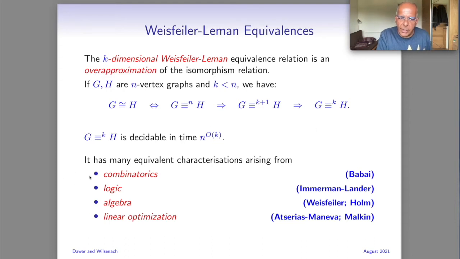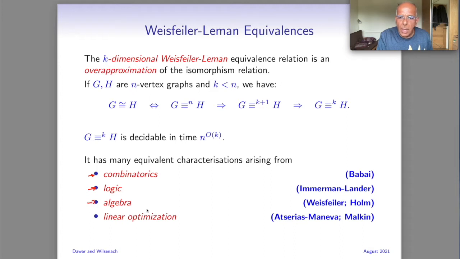It has equivalent characterizations in a combinatorial form, which is what I had on the previous slide in terms of coarsest stable partitions. In logic, this is due to Immerman and Lander, in terms of equivalence in counting logic.